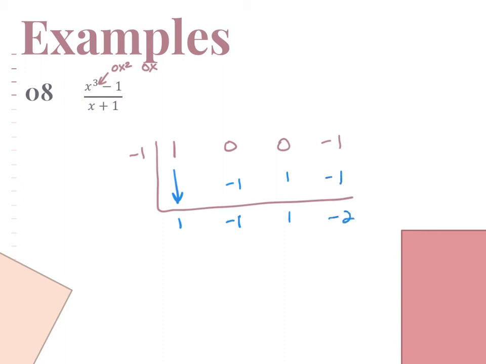Add it. The last number is your remainder. Moving left, the 1 stays a 1. The negative 1 gets an x. The positive 1 gets an x squared. And I get x squared minus x plus 1 minus 2 over x plus 1.